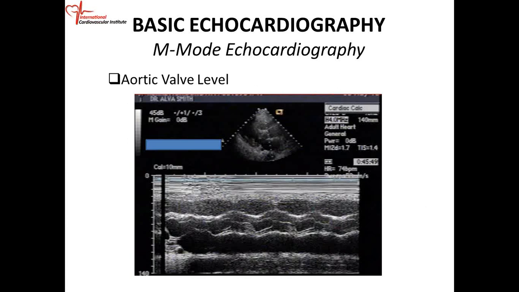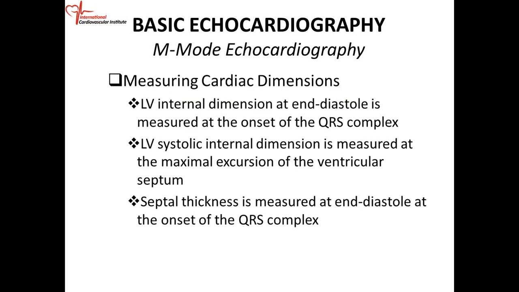You have to know what normal looks like before you can determine what abnormality or pathology looks like. So if you're measuring using M mode, it has to be 2D guided. If it's not 2D guided, you can't use M mode for measurements.